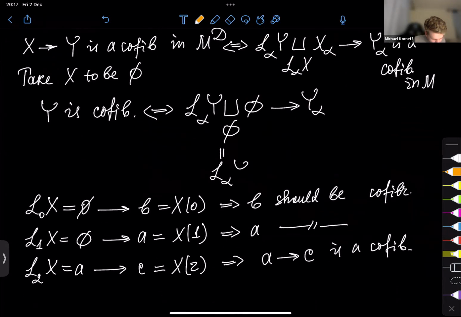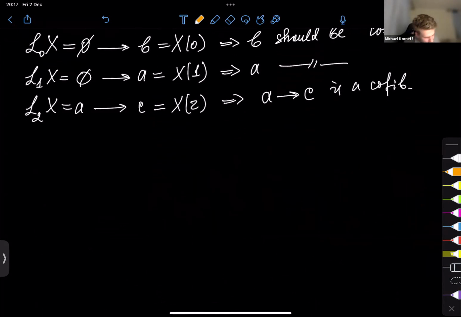And of course, we can formulate the following analog of Gambino's theorem, and you can find the proof of the following theorem in Hirschhorn's book.